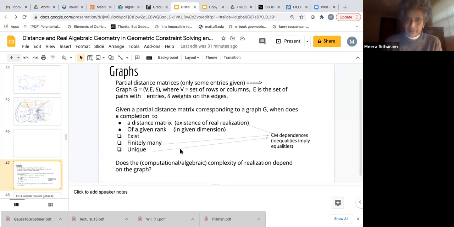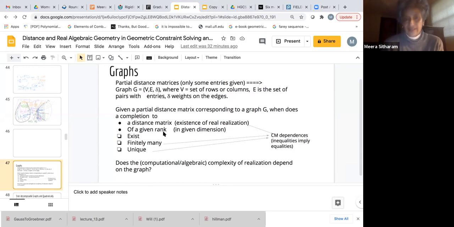The kind of questions you're interested in is whether or not you can extend it to a distance matrix. What we mean by that is the existence of a real realization, a positive semi-definite matrix, and whether it can be extended to a matrix of a given rank.